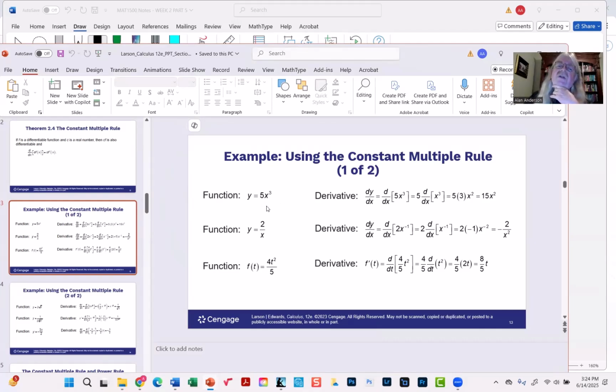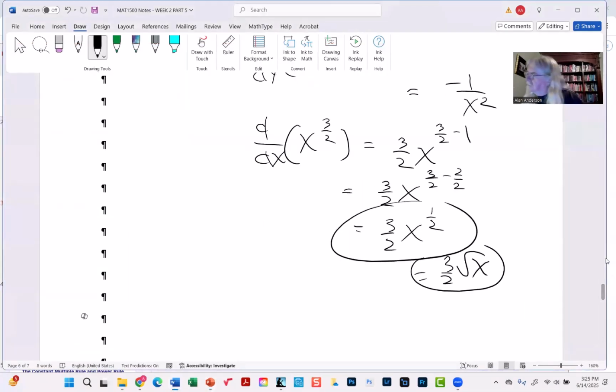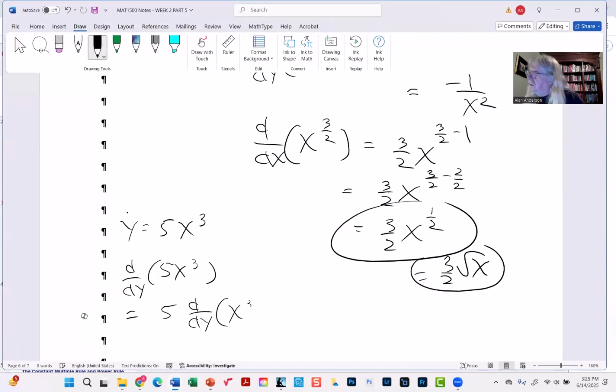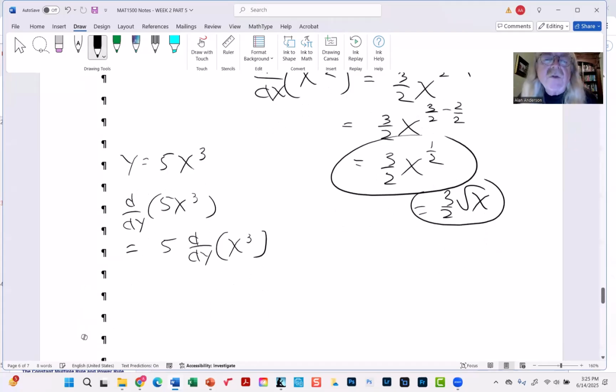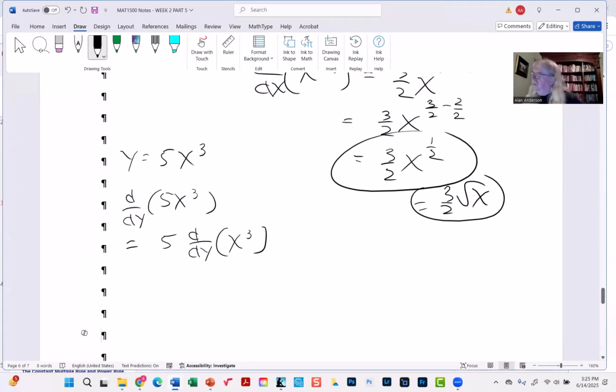So now, for example, we have y equals 5x cubed. It might not look like it, but we can still use the power rule because we can factor out that 5 and then apply the power rule directly to x cubed.